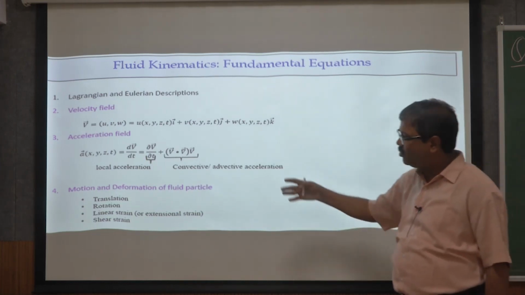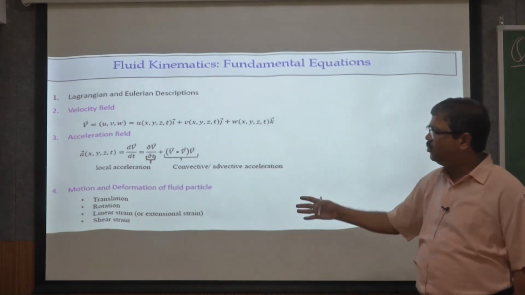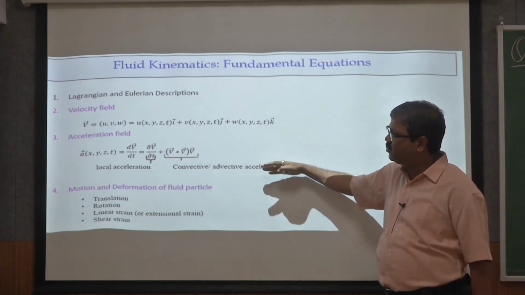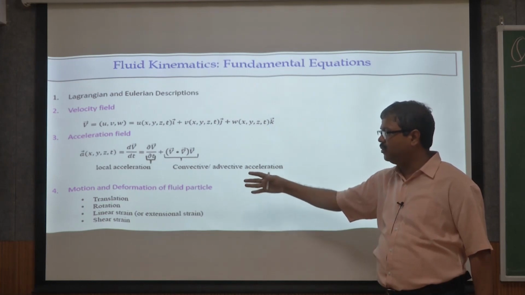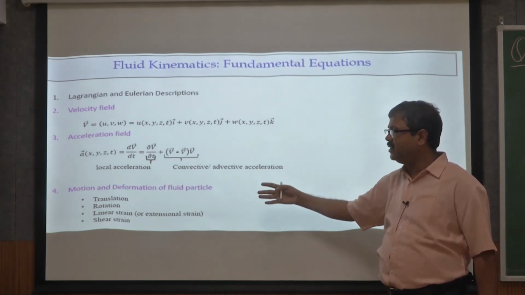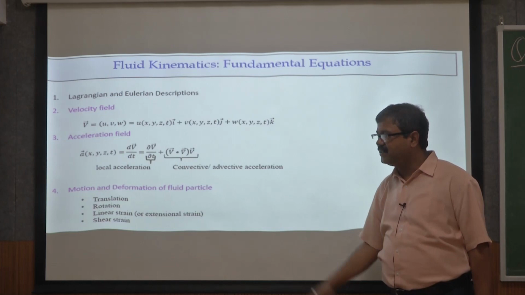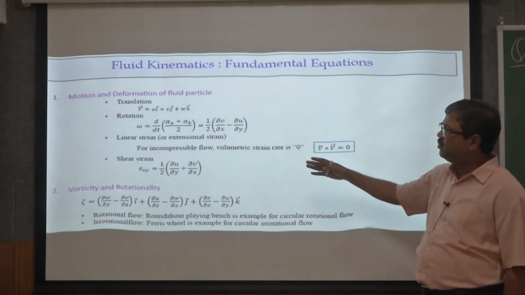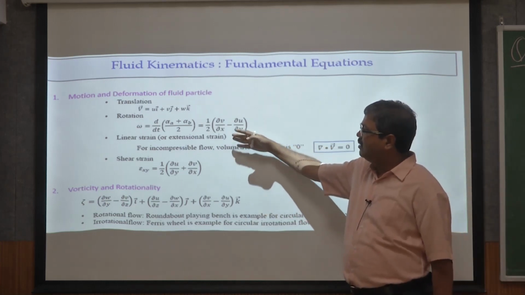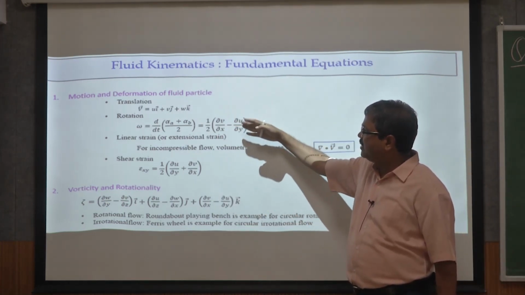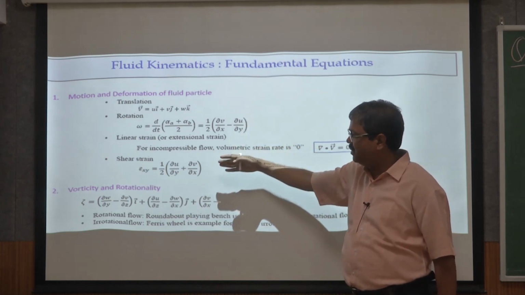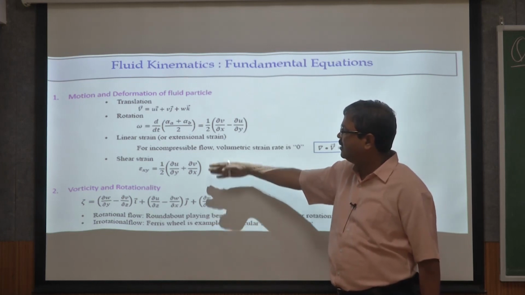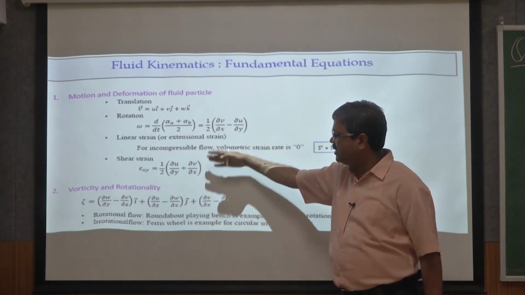Here I am just doing the recap: the velocity distribution, the acceleration field, and the translation, rotation and deformations like linear and shear strain. If you have rotation, we can write the rotation quantity in terms of the velocity field. Similarly, the shear strain components can also be written in terms of the velocity gradients.